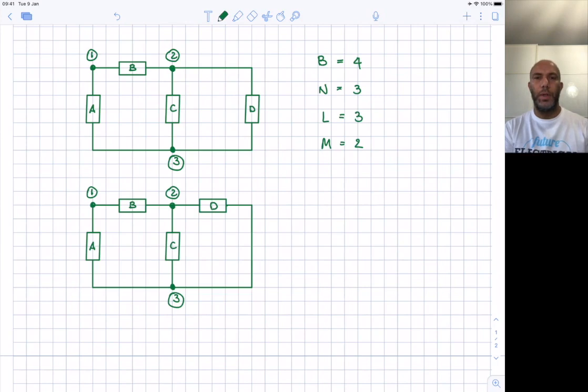For example, this second graphical representation of the circuit is different from the previous one, but from a topological point of view, we are considering exactly the same circuit, because in both cases, for example, the component D is connected between the nodes 2 and 3.